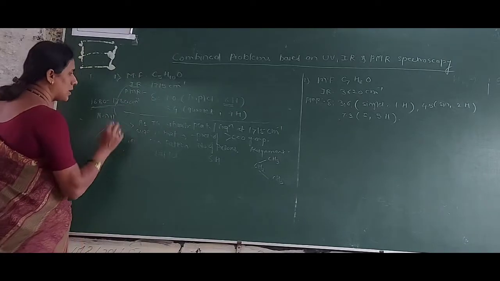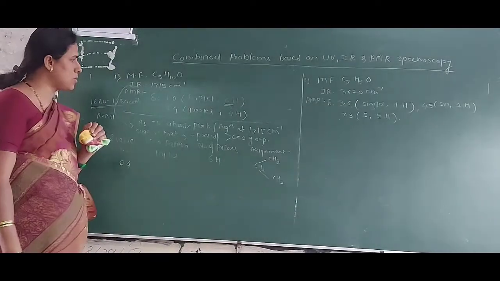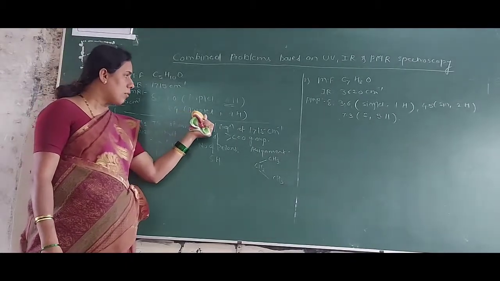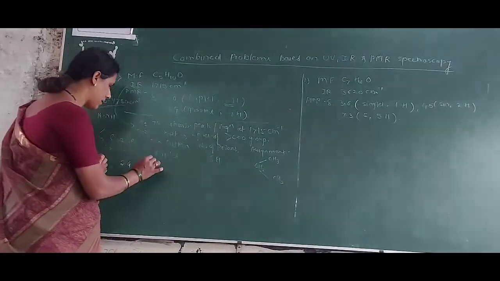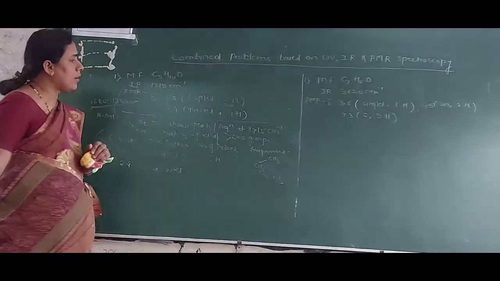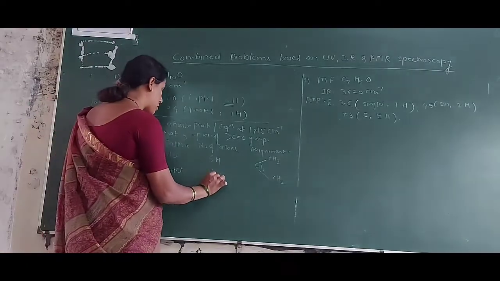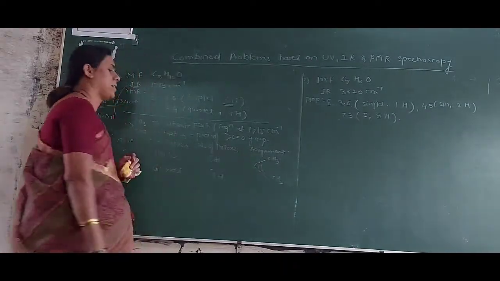Now the second point, the 2.4 value. What is the peak pattern? Quartet. How many protons are given? 4H. Now what is the assignment?